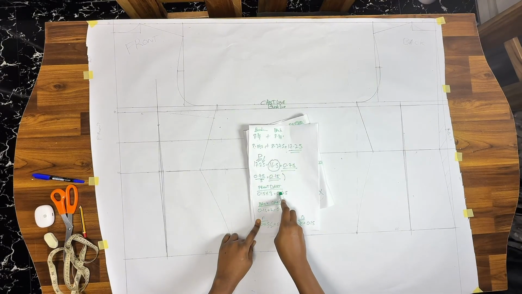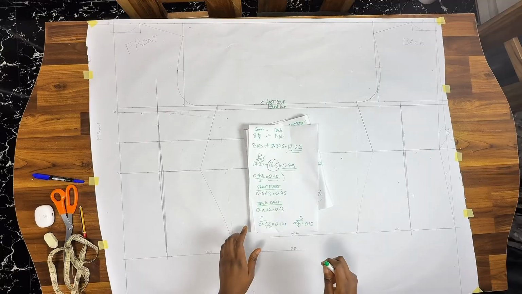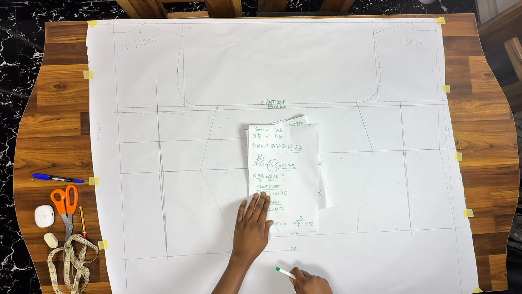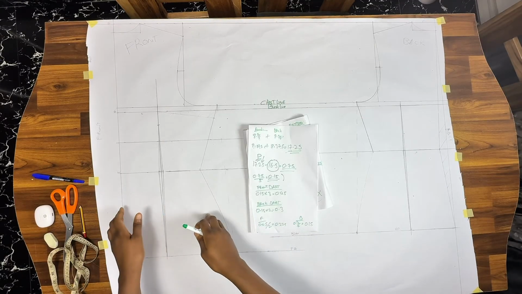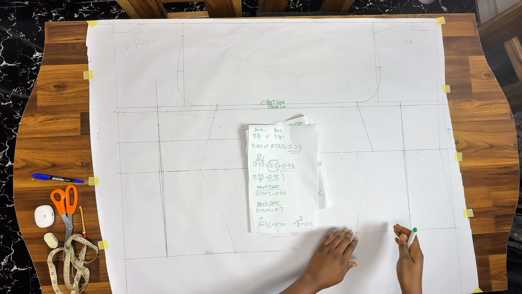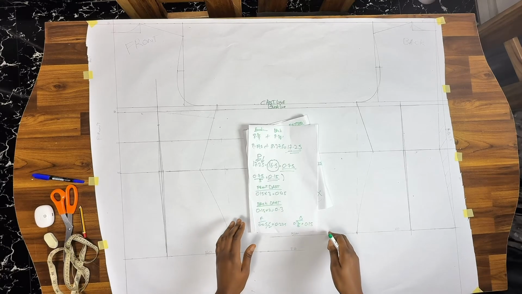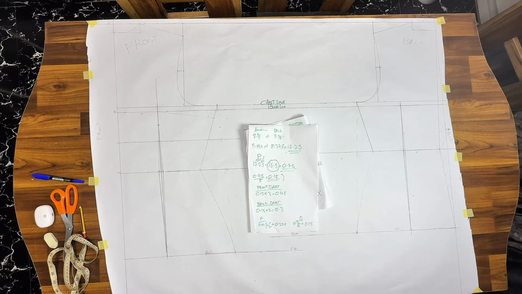Then for my front dart and my back dart, I'm going to share it in a way that the front will have more and the back will have less. The reason why is because our tummy has fat and more volume in front than our back.